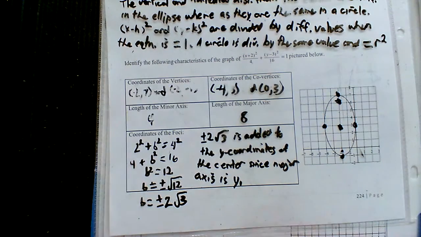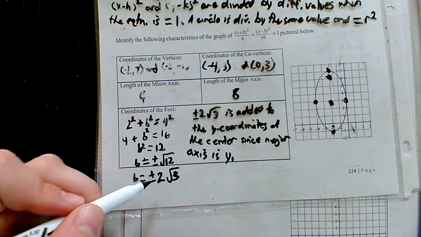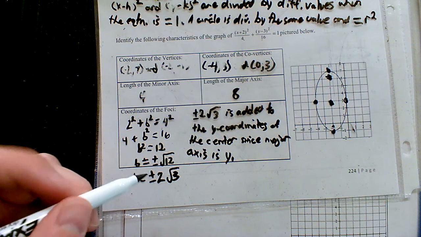So this will make more sense once we actually write the answer. This value here is added to the y coordinates from the center because the major axis is y.